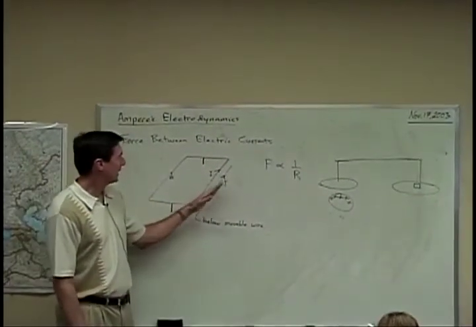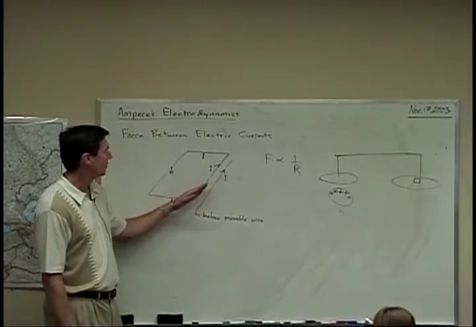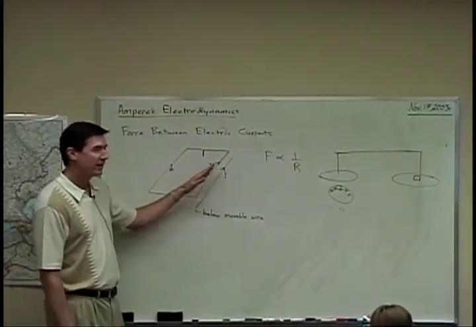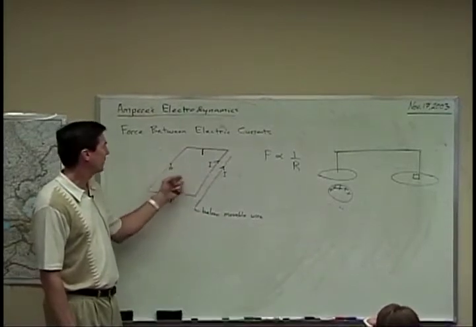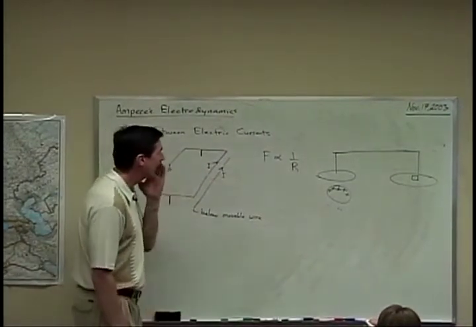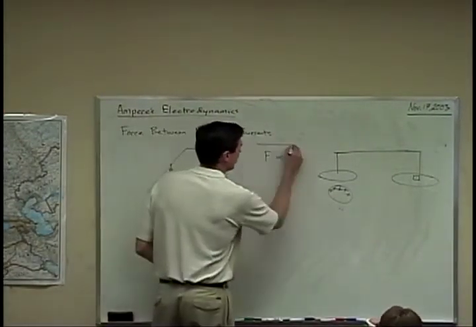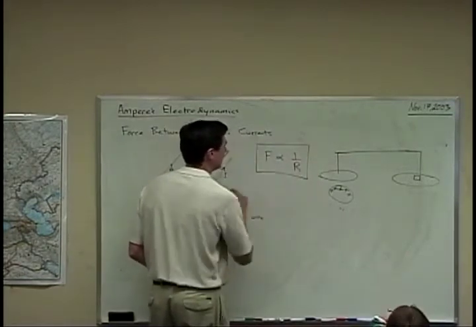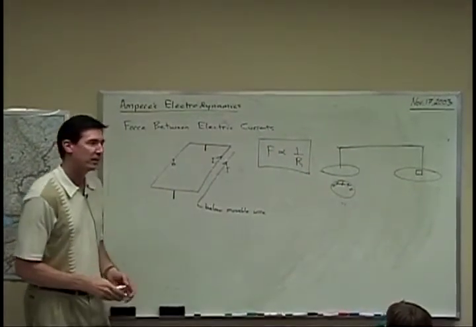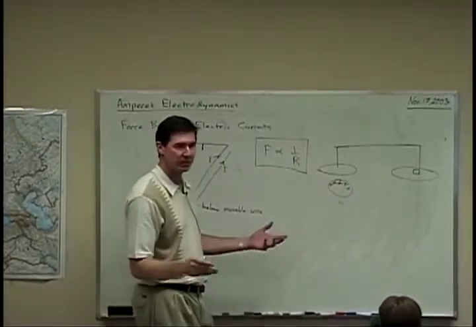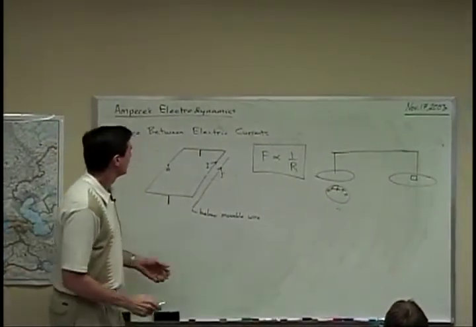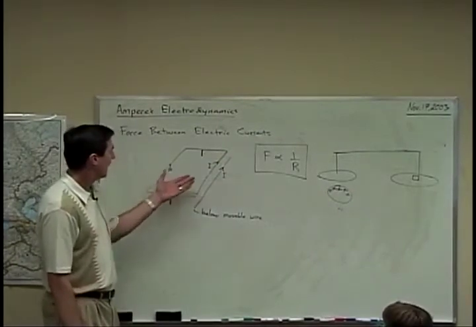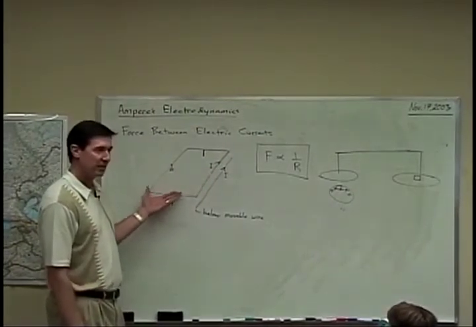And you can go through, again, varying the distance here, and you find that it obeys exactly this law. If you double the distance, the force goes down in half. And of course, you can do the same thing now.